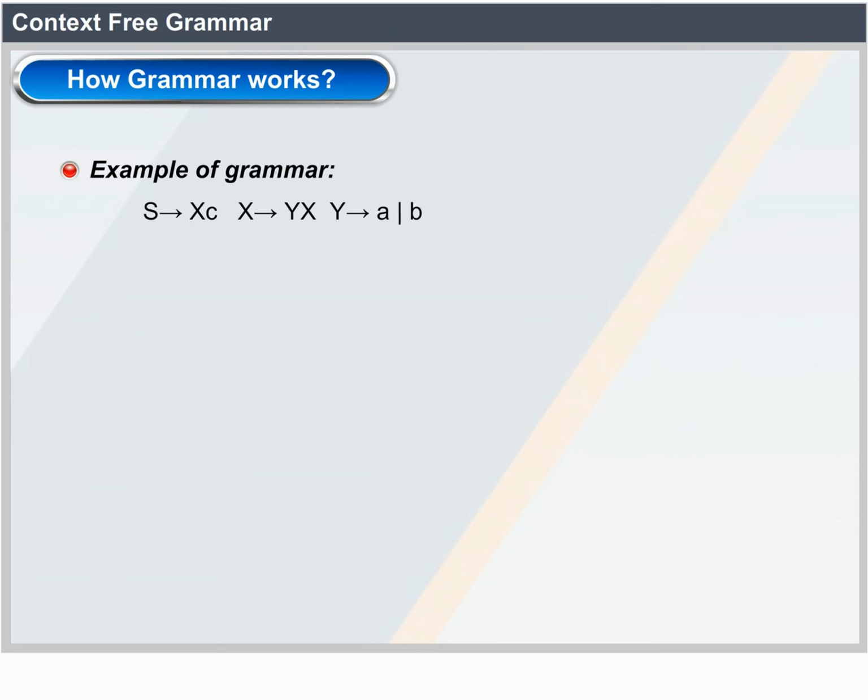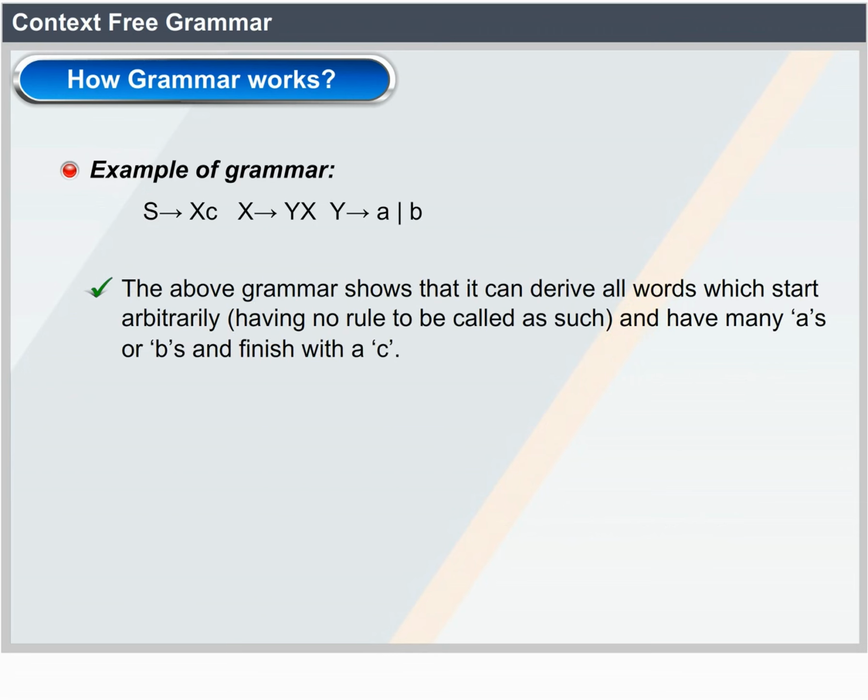Example of grammar. S implies XC, X implies YX, Y implies A or B. The above grammar shows that it can derive all words which start arbitrarily, having many small a's or small b's, and finish with a small c.